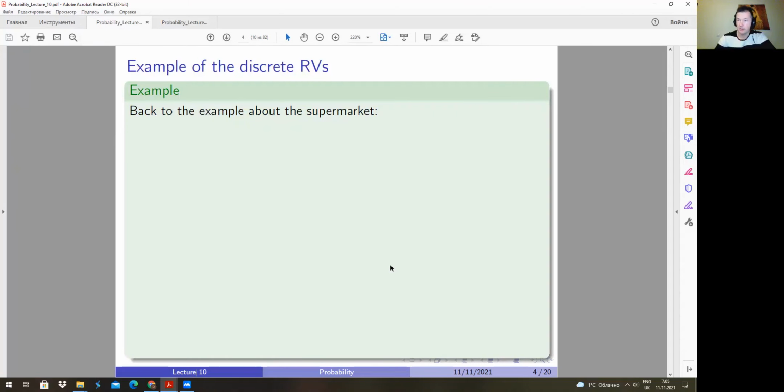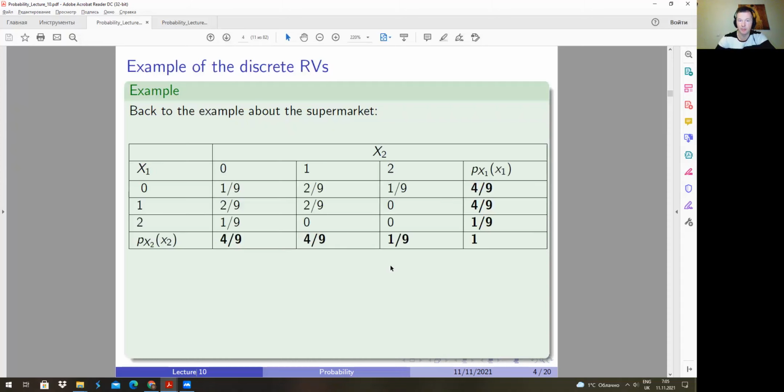So let's use the same example as we used in the previous lecture about the supermarket. We have the following joint distribution of two discrete variables. We have the following marginals, and now we can check whether these two variables are independent or not. So intuitively, they shouldn't be independent, right?